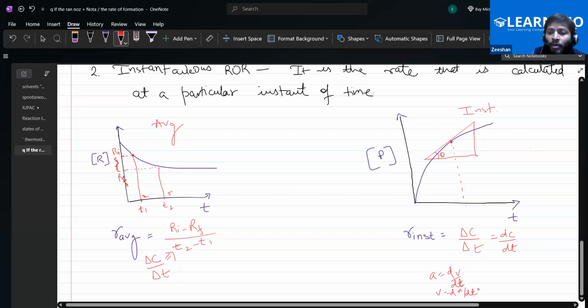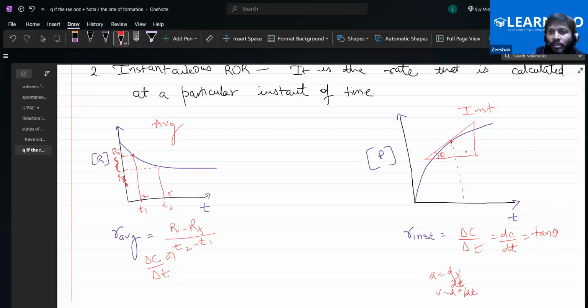So at a small moment of time, what is the concentration at that moment? So we will get this tan theta. This is a mathematical way of showing this thing. You draw a tangent on it at that time in the graph, and the theta you get will be the rate.